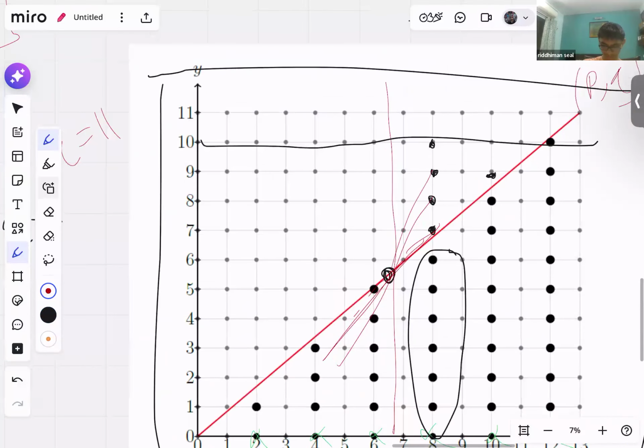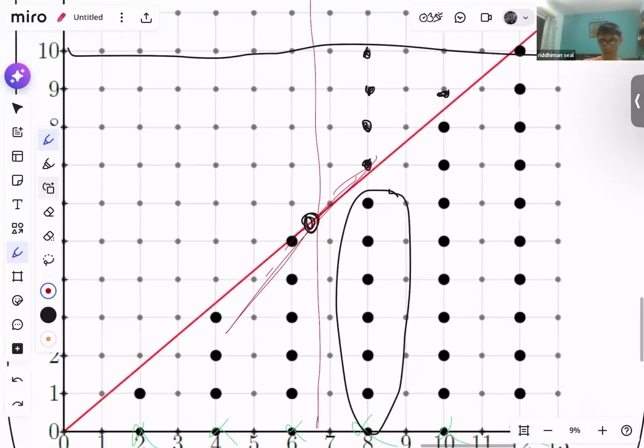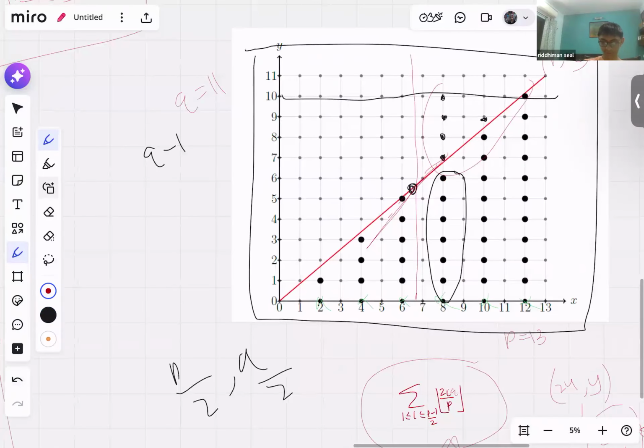Okay, it looks pretty bad. But notice that this quadrant has the same area as this quadrant, right? Because it's symmetric about this point.